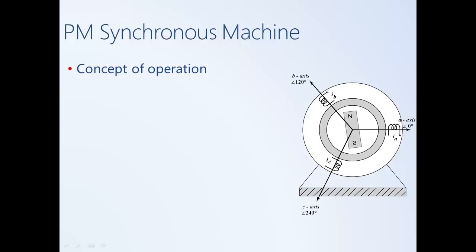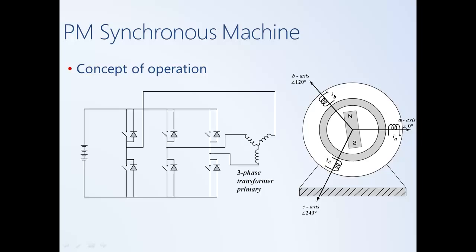Here's a picture of this type of AC motor, which we can use to better understand how it operates. So the rotor itself is a permanent magnet, and the stator consists of three phases of windings: an A phase, a B phase, and a C phase. The current in each of these phases is approximately sinusoidal or trapezoidal.